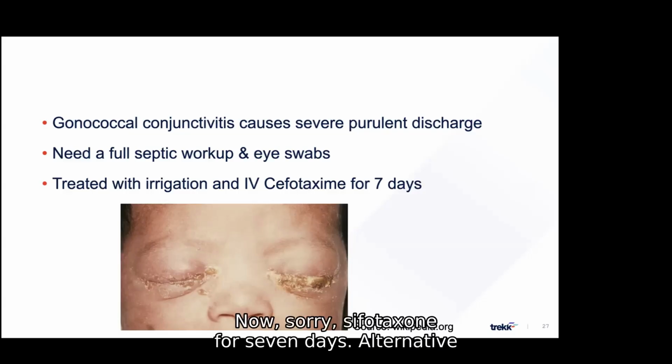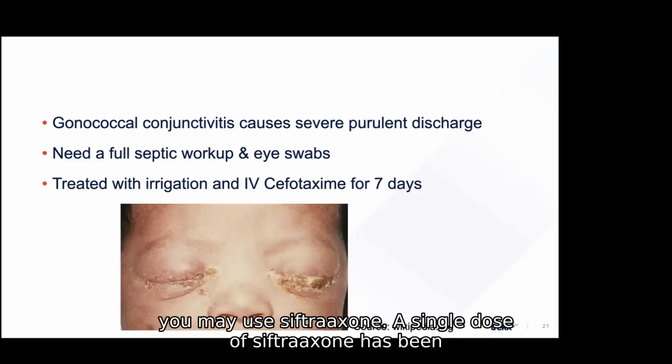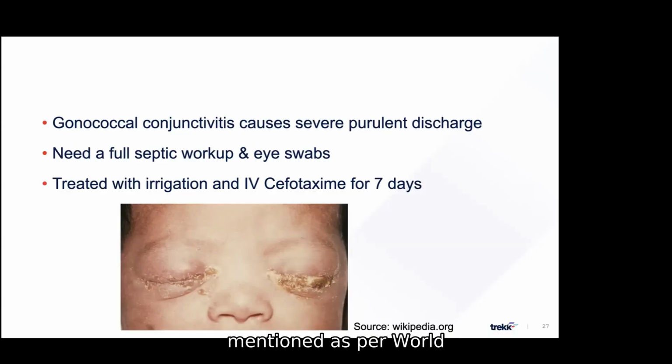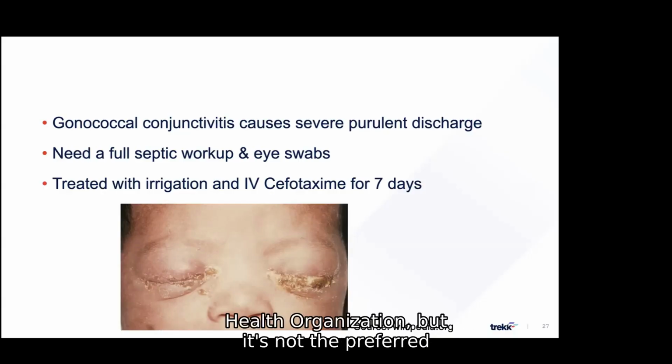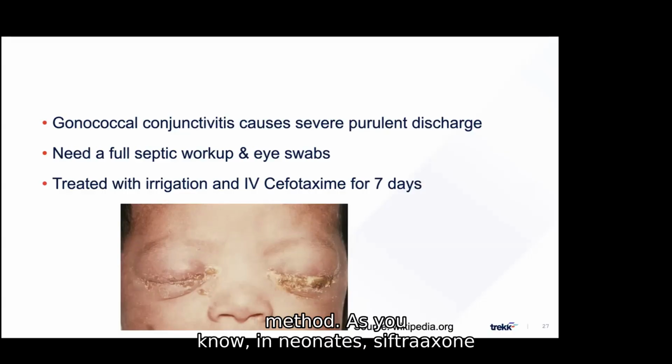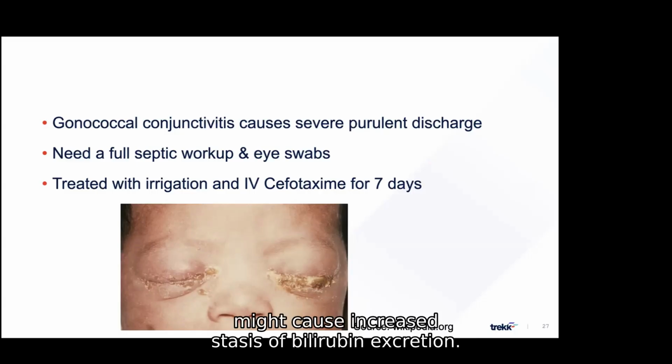Now, cefotaxime for 7 days. Alternatively, you may use ceftriaxone. A single dose of ceftriaxone has been mentioned as per the World Health Organization, but it's not the preferred method. As you know, in neonates, ceftriaxone might cause increased stasis of bilirubin excretion.